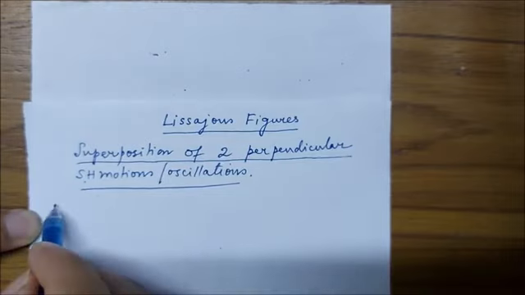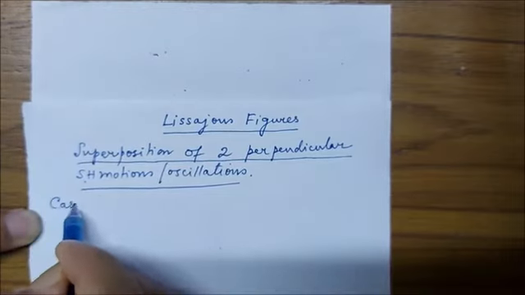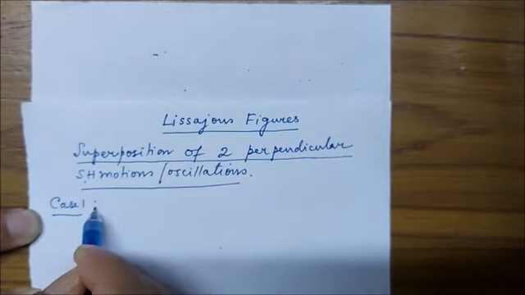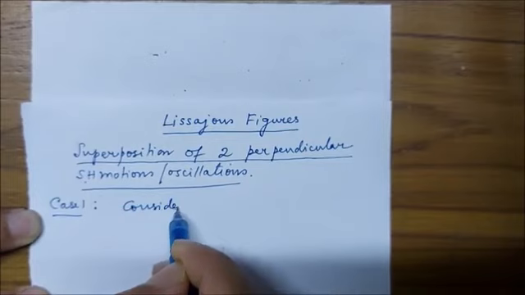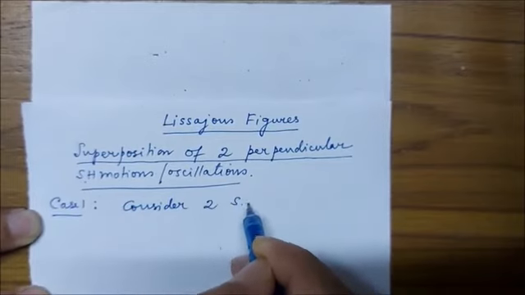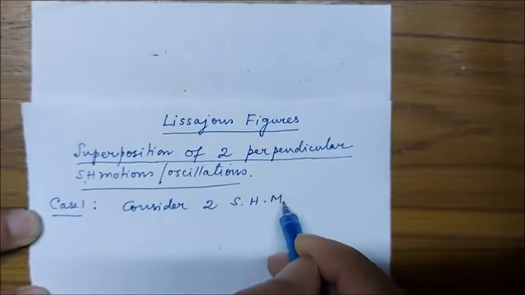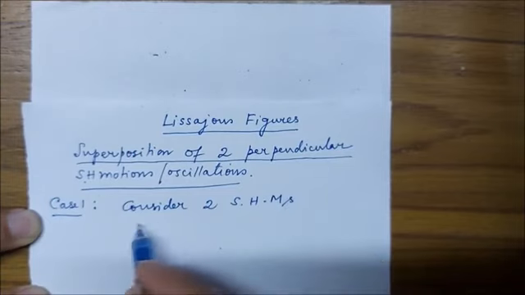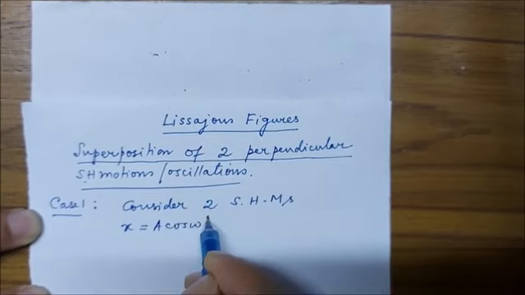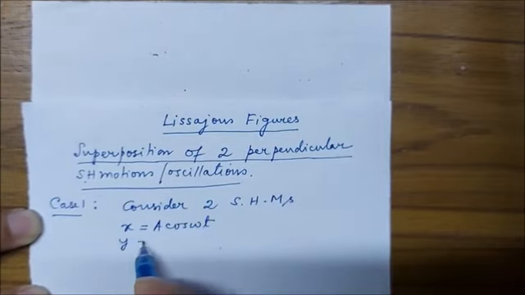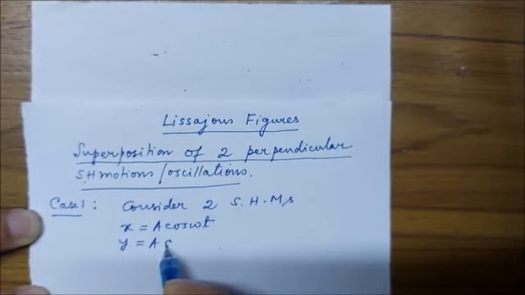Let us take up case 1. We consider two simple harmonic motions or oscillations given by x equal to a cos of omega t and y equal to also a cos of omega t.